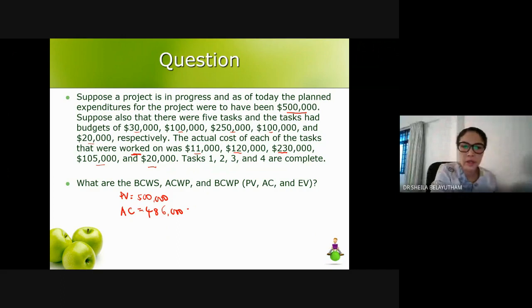Okay, so this is the actual cost that you have spent for the activities that you have worked on.